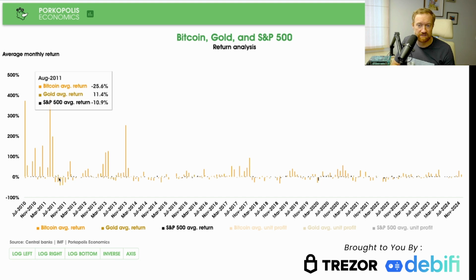Instead of that negative 16% being like the max for gold or the S&P, you can have in these early days 40% monthly losses. Now again, loss or negative return, these can be loosely defined, because if you don't sell, then you don't have the loss.